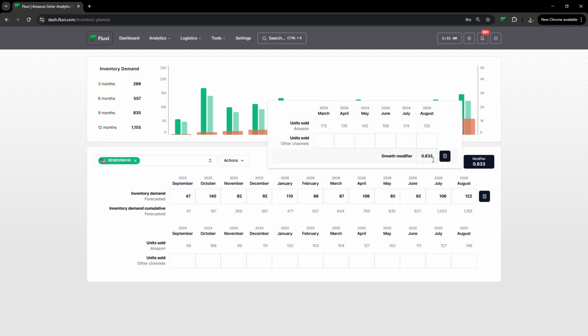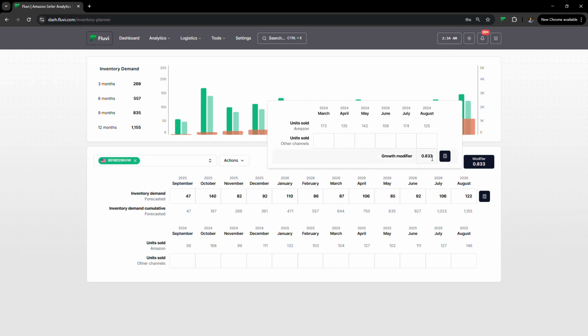If the growth modifier would have been 1.0, it would tell us that we're selling the exact same number of units this year in 2025 as we did in 2024. If the growth modifier is above 1, so let's say 1.1, it tells us that we have a positive trend. We're selling 10% more units in 2025 than we did in 2024.